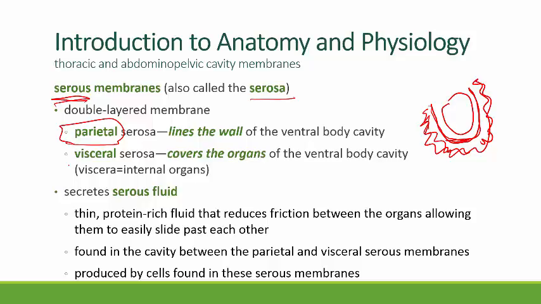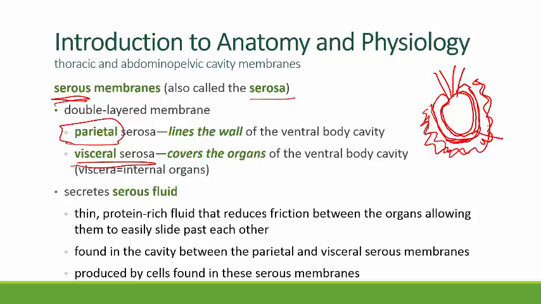There's also a visceral serosa, and this is the layer that doubles back, and so if these are the arteries and veins coming into and leading out of the heart, it doubles back and covers over the actual organ.